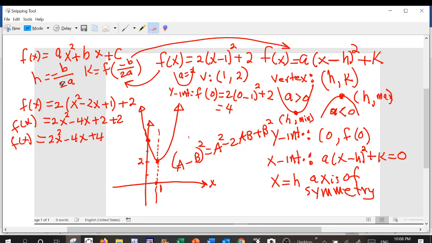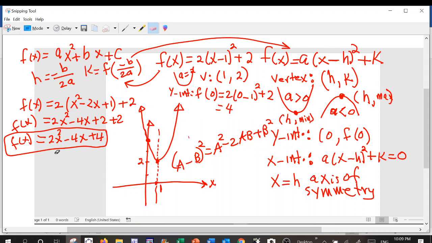Now, does this formula work actually to find h and k in this form? Suppose we are given this. Now we know what h and k are, but let's just reuse this formula.